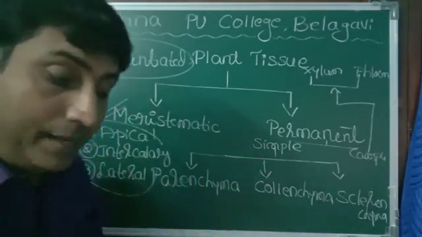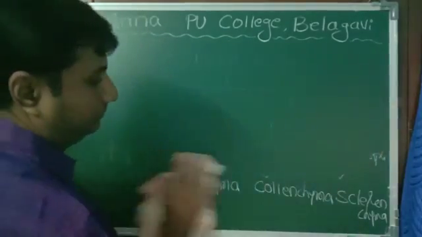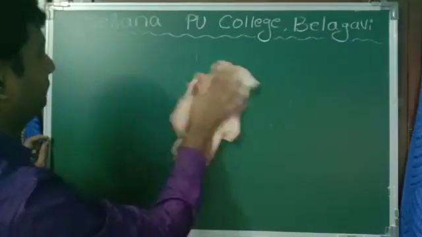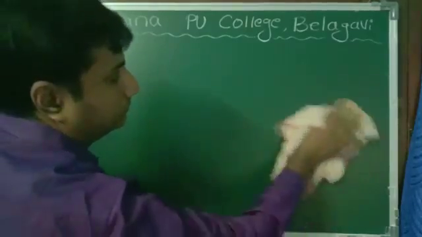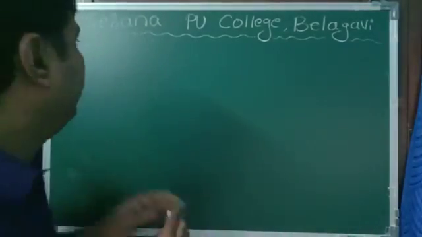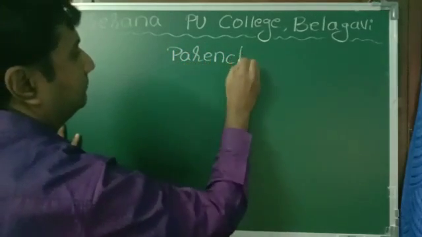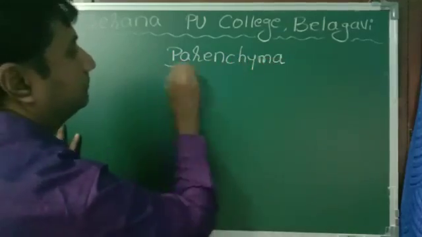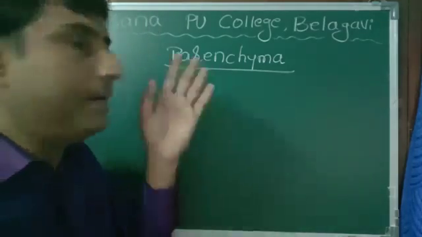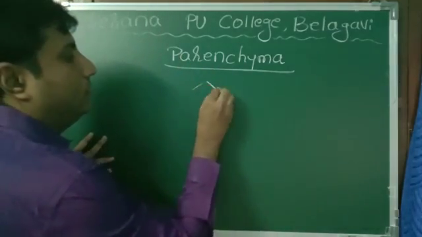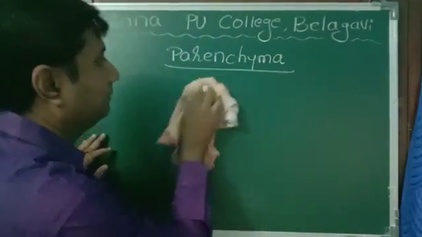In that, the first one, parenchyma. It is one of the simplest tissues present in the plant body, which looks somewhat like this.